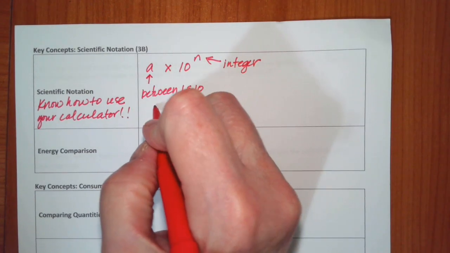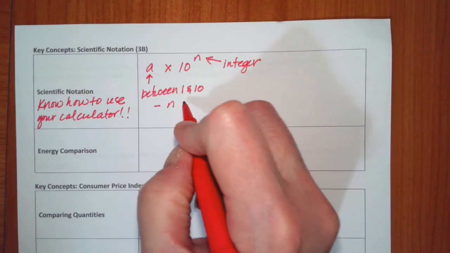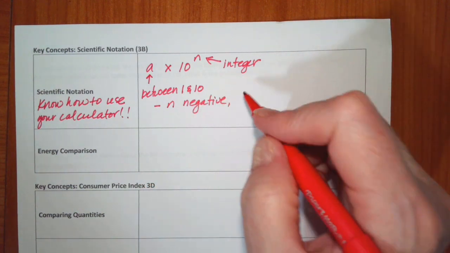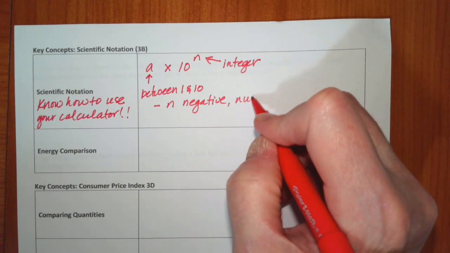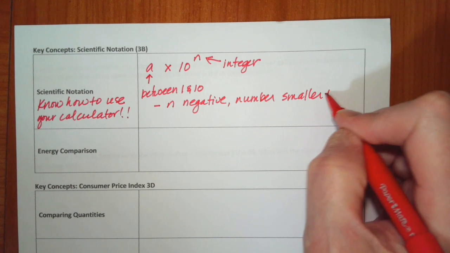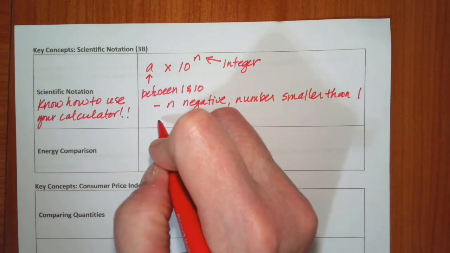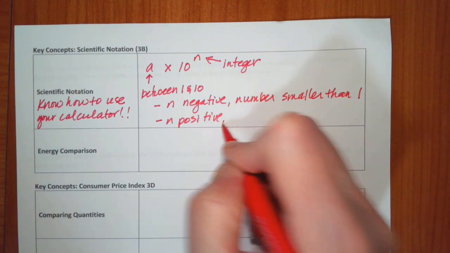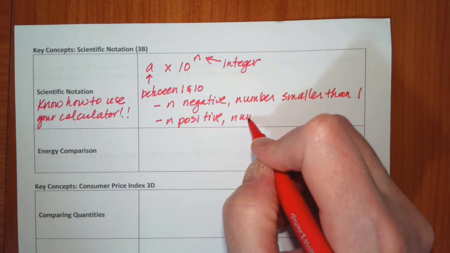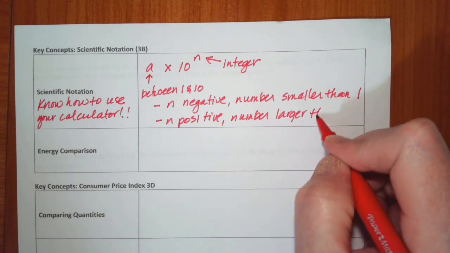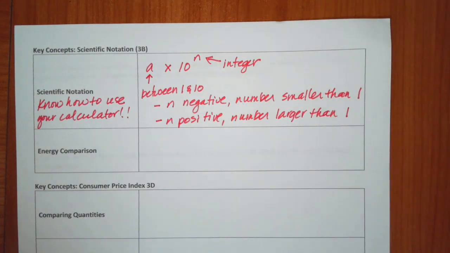Okay. And there are a couple of things here. If n is negative, it's a number smaller than 1. If n is positive, it is a number larger than 1.